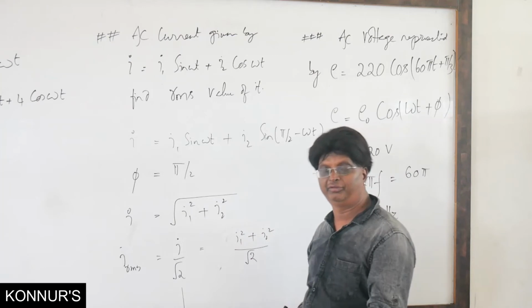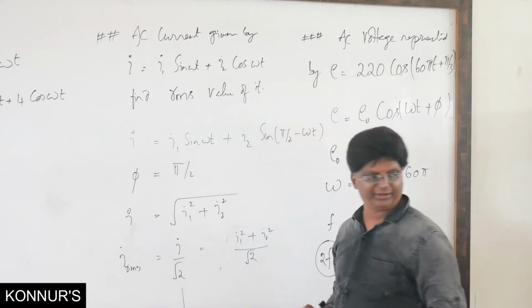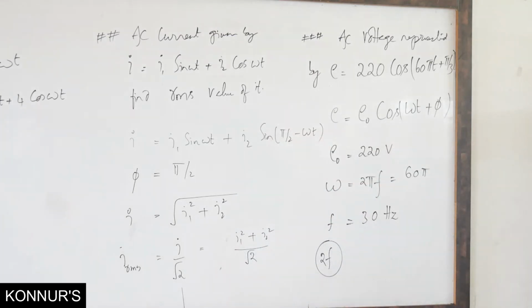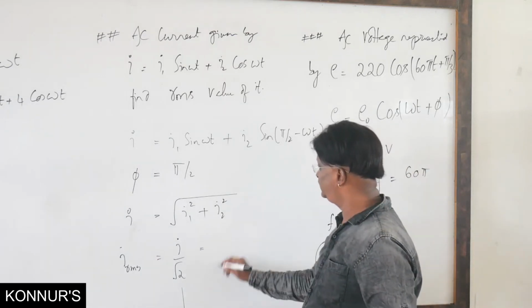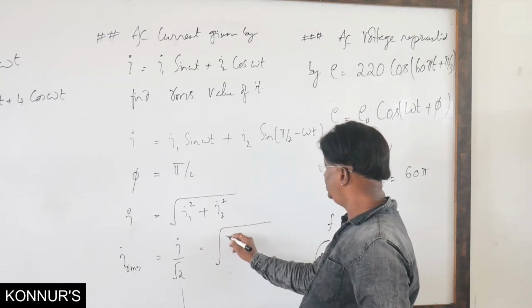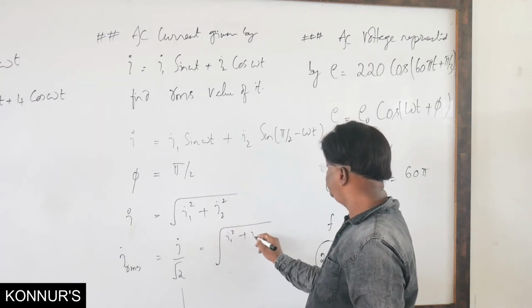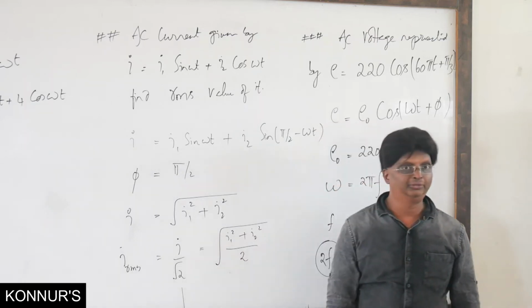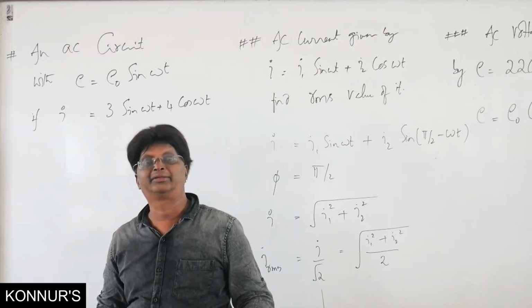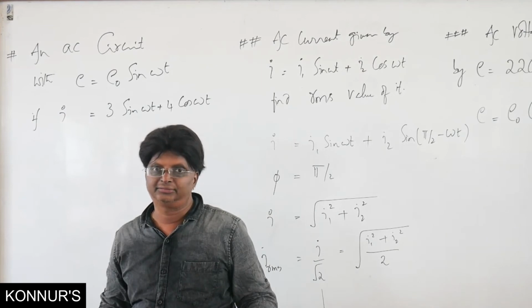All such options will be there, so identifying the right option is very, very important. Therefore, the answer is the whole under root of I1 square plus I2 square by 2, which will be our RMS value.